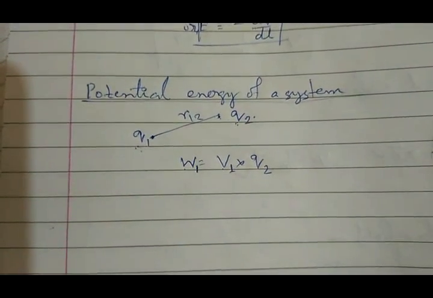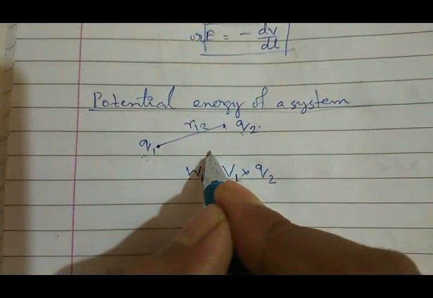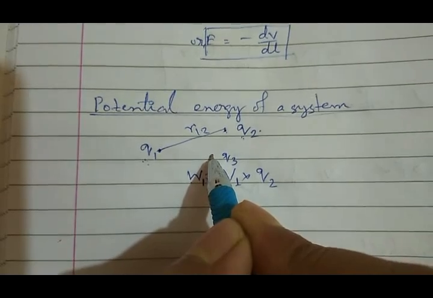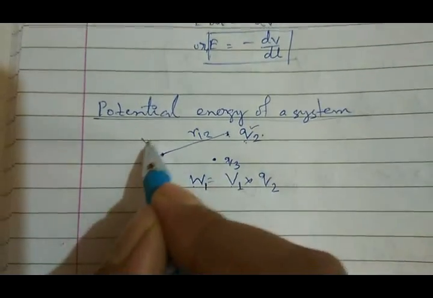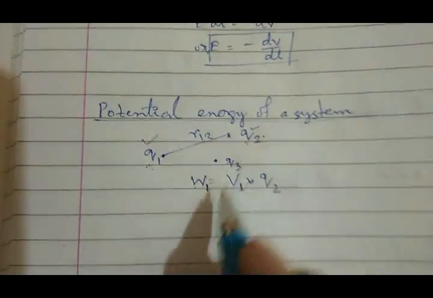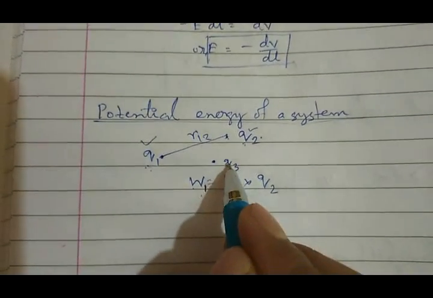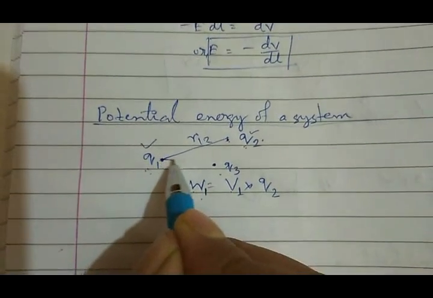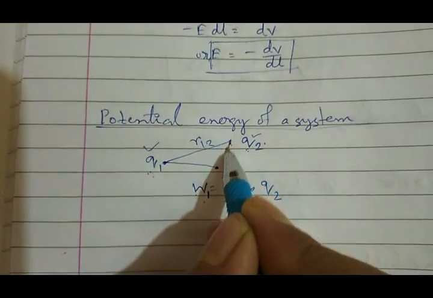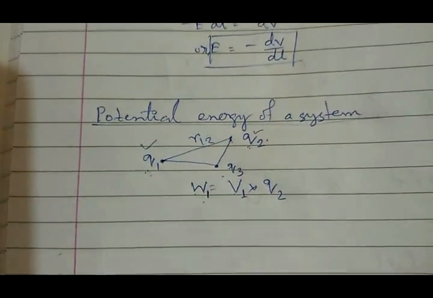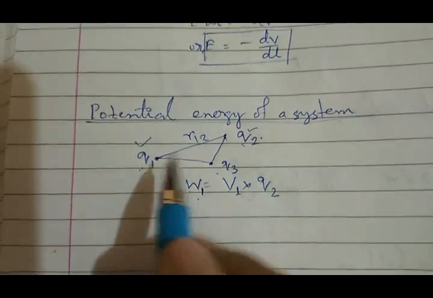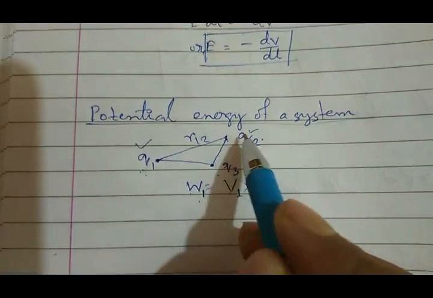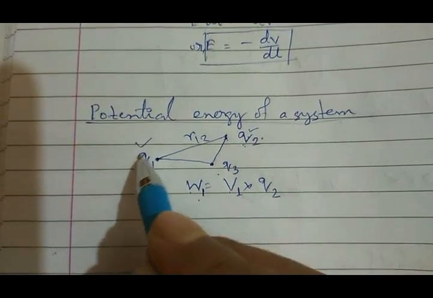Now if we bring another charge, say here Q3, at this point there will be an electric field because of this one as well as this one. So in bringing this charge, the work done will be due to the potential of this and the potential of this. We have to consider both. So first we bring this charge, no work done. We bring this charge, work is done only because of the potential of the first charge.